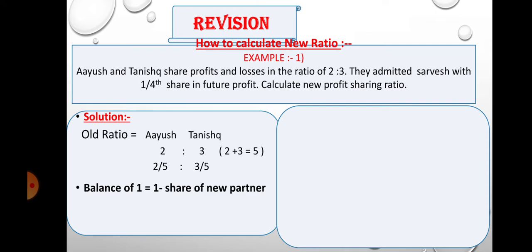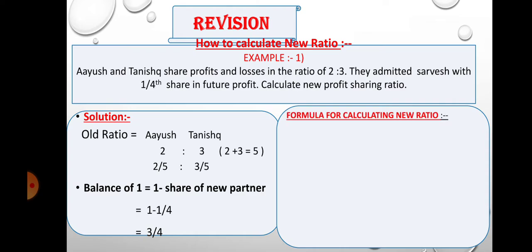Then balance of 1 is equal to 1 minus share of new partner, 1 minus 1/4, where 1/4 is the new partner's share, equal to 3/4.